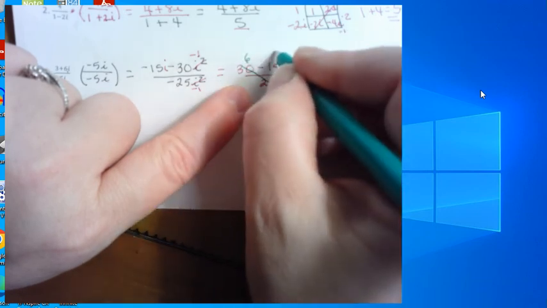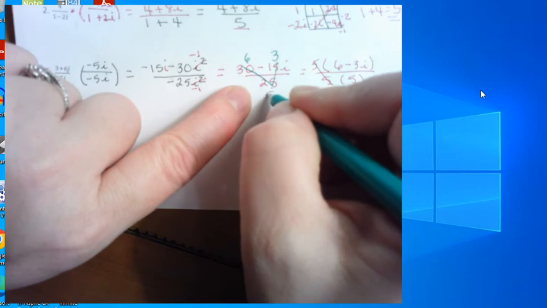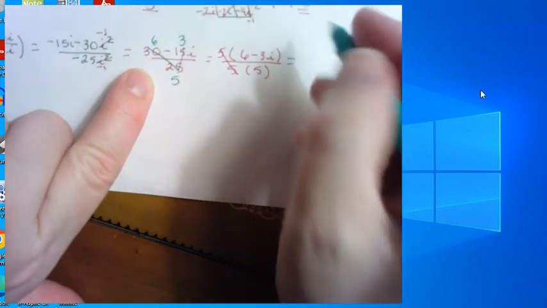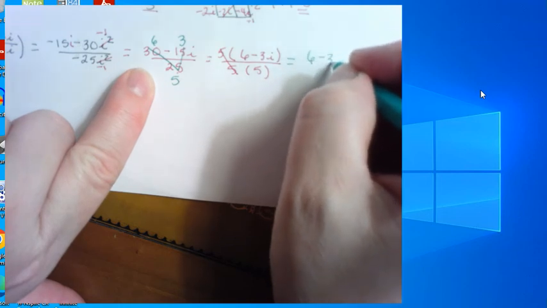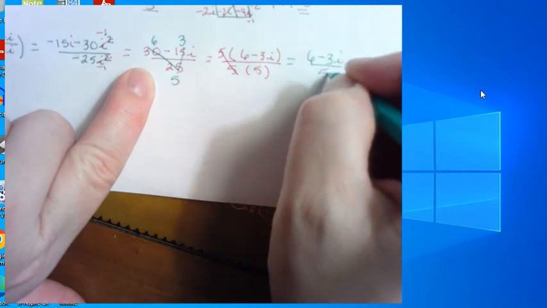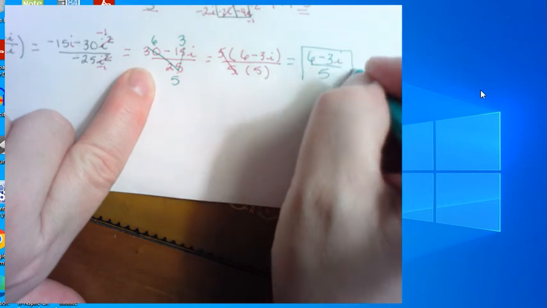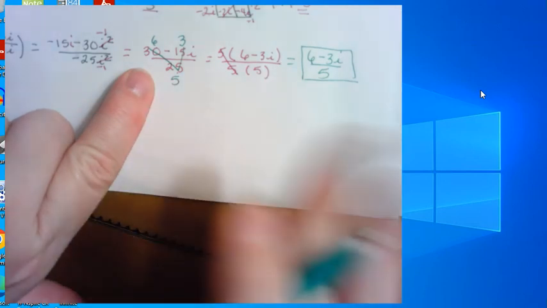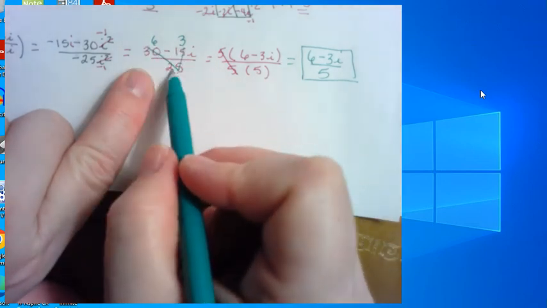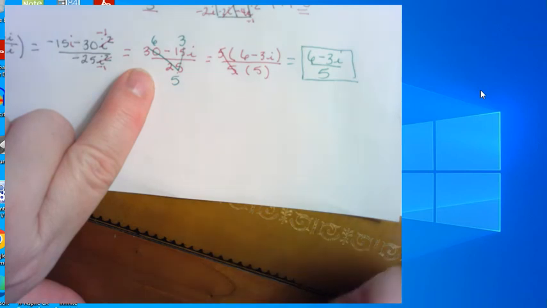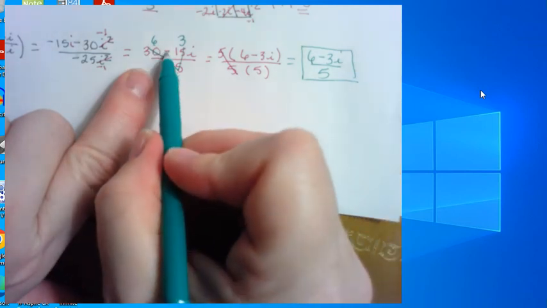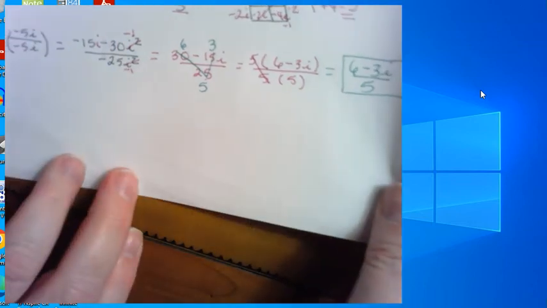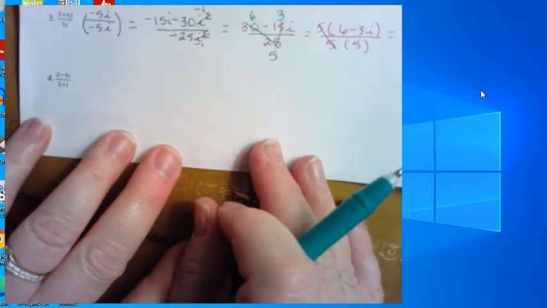So that's 6, 3, and 5. So the final answer is 6 minus 3i over 5. The end. Doesn't matter to me how you want to do it. There's two ways. If you don't do a V cancelization and you do a one-sided, it's no longer V cancelization. You have a plus or minus on the top. Cannot be one-sided.